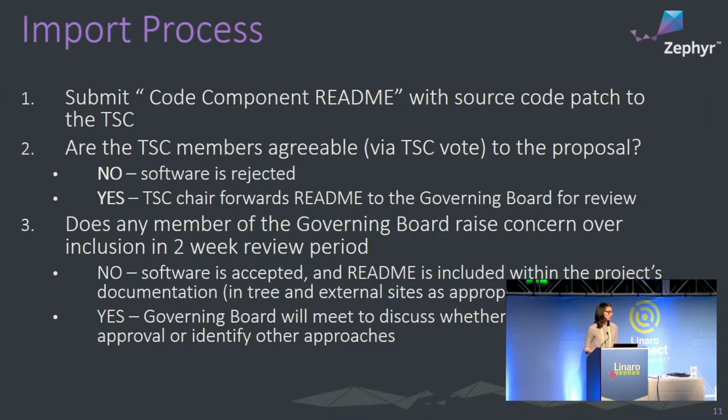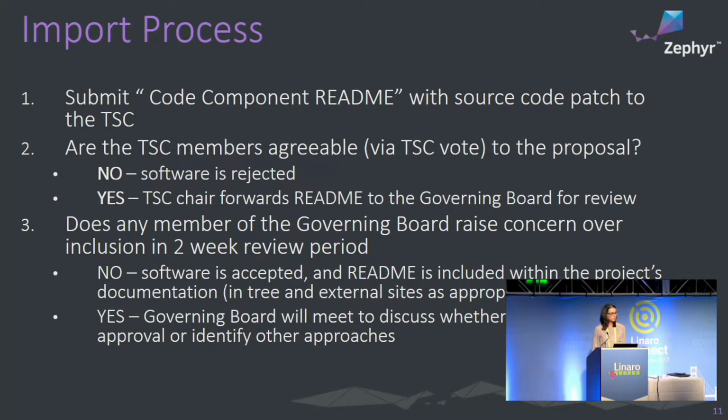Where did you get this code? How's it maintained? What's the license? That needs to be documented in a README and submitted to the TSC. And we can leverage the existing GitHub pull request workflow to do this.